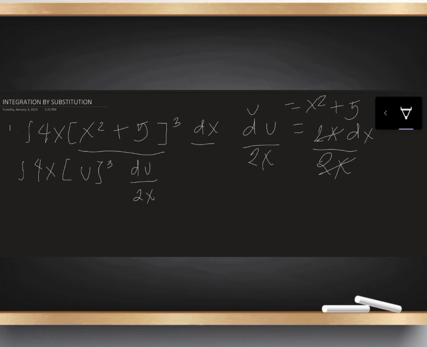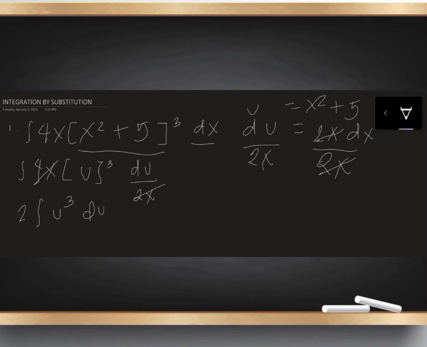As we can see, we have 4x and 2x, so we can cancel them. We can cancel x. So we're going to have 2 times the integral of u raised to 3 du.